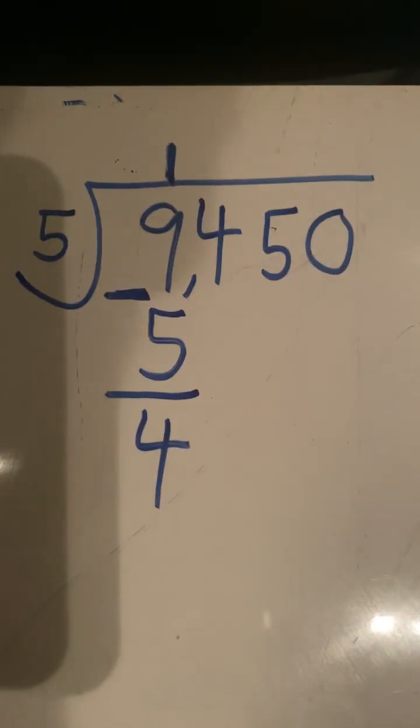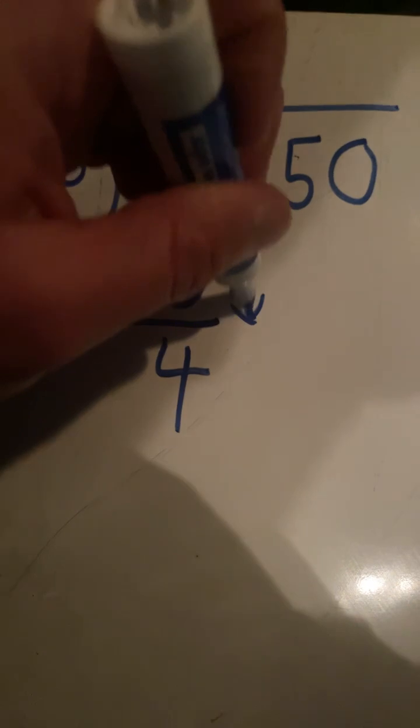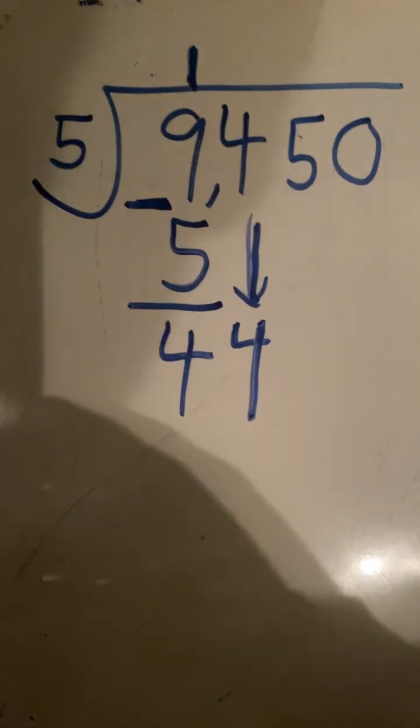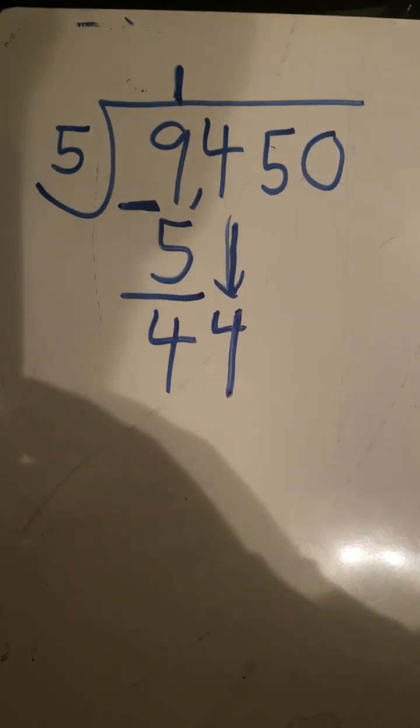So we have a remainder of 4. Now the next step is we have to bring down the next number. So I'm going to bring down the 4 now, and that 4 now becomes 44. So I'm going to count how many groups of 5 go into 44.